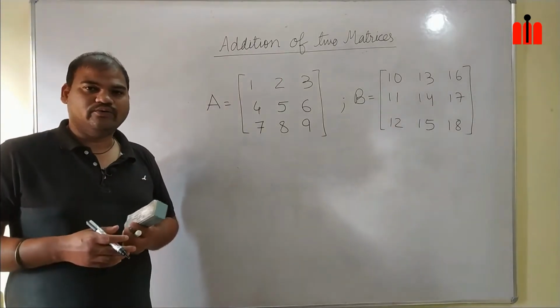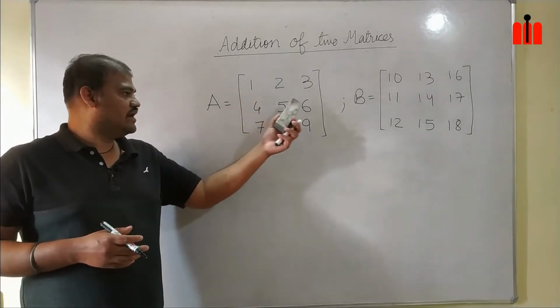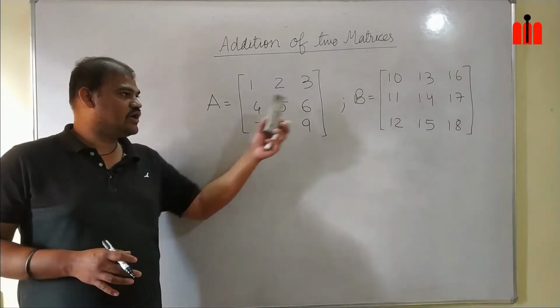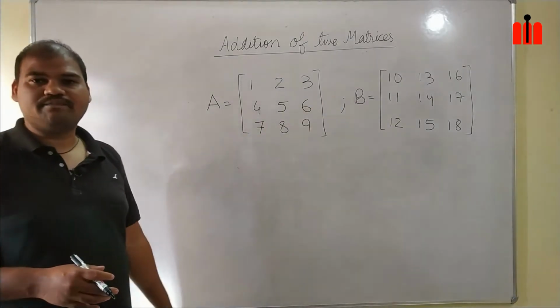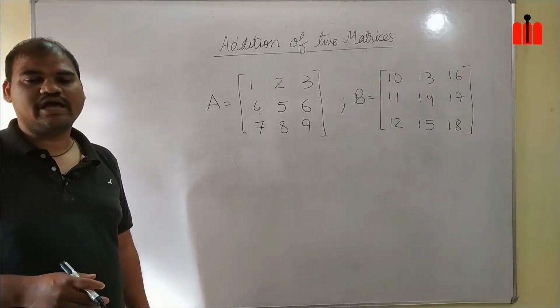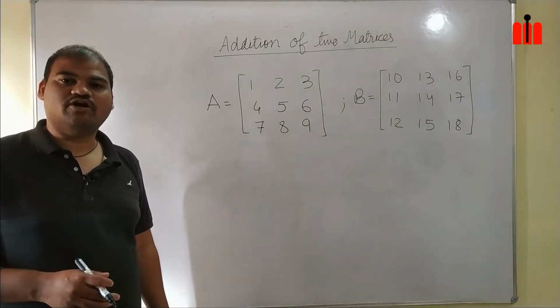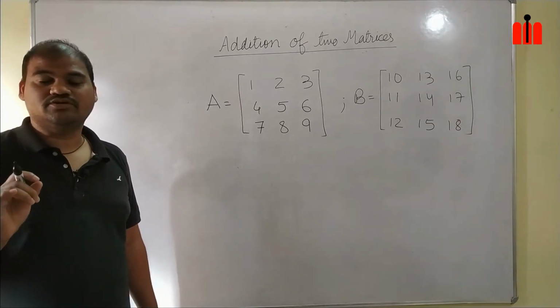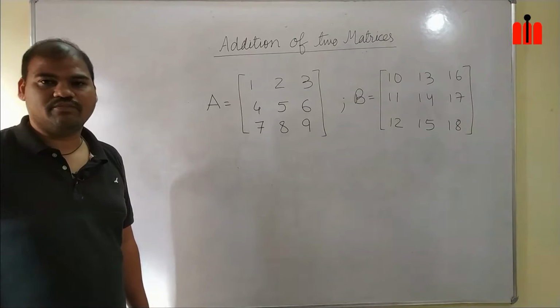Earlier I told that each and every element of these matrices is represented in the form of ij, where i gives the number of the row and j gives the number of the column.